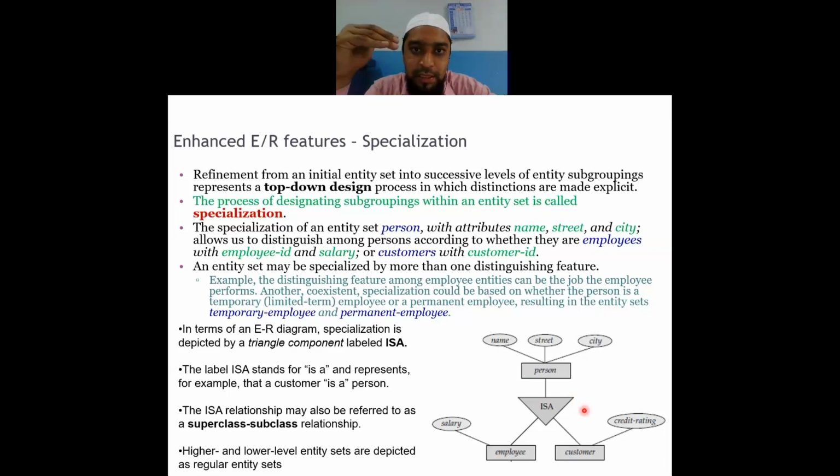That specialization in terms of ER diagrams is denoted with this downward triangle, called the is-a relationship. You have remembered that a relationship is a rhombus, right? Same over here. This specialization is represented with a downward triangle with an "is a" label inside it.